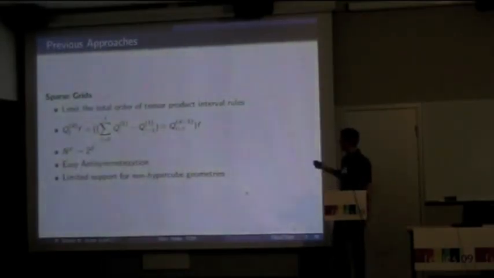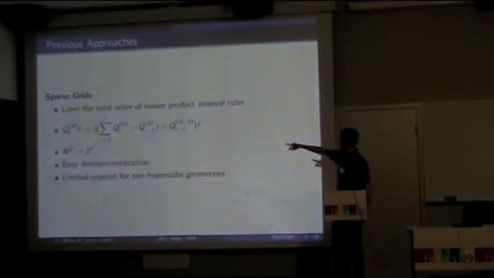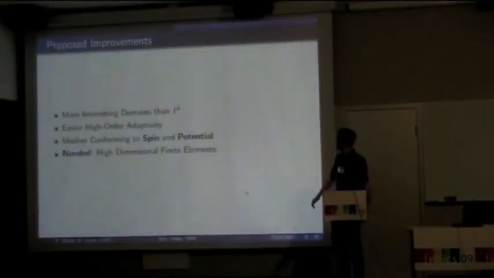So the more dimensions you have an order on, they combine interval rules in such a way that you get, instead of n to the d unknowns, 2 to the d unknowns. It's also easy to impose anti-symmetrization, but of course you're stuck in a hypercube.